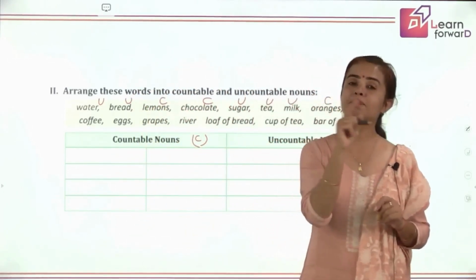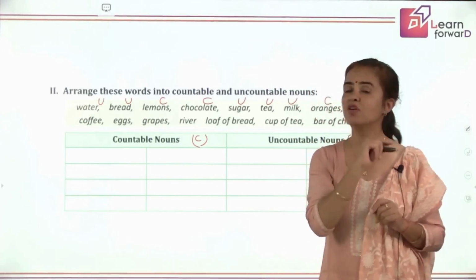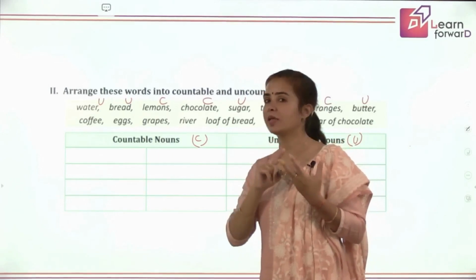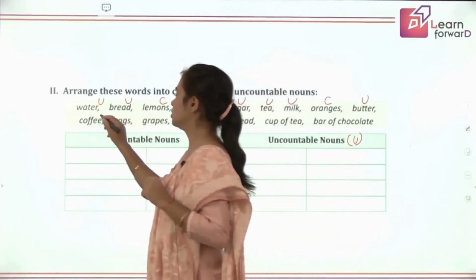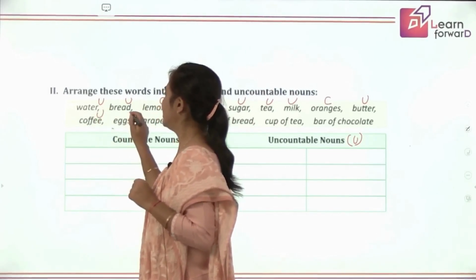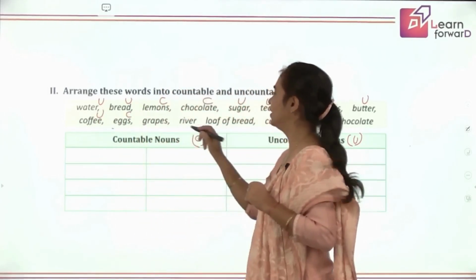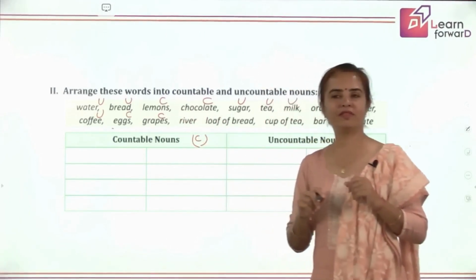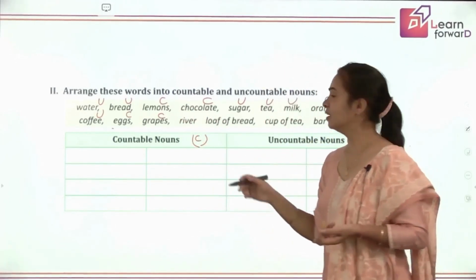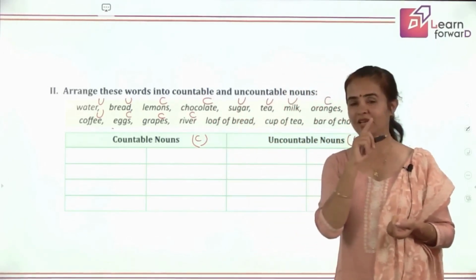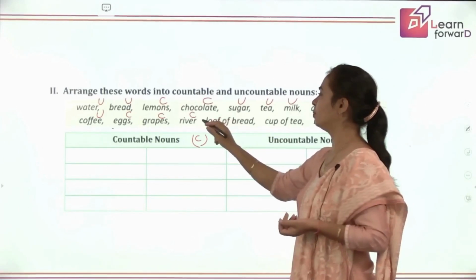It's the cups of coffee. It's the mugs of coffee that you can count. But coffee, just like tea, just like milk, coffee cannot be counted. So it is uncountable. Yes, it's already there in plural. This is also in plural. What about river? Yes, we have one river and we have many rivers flowing. So this is again countable.